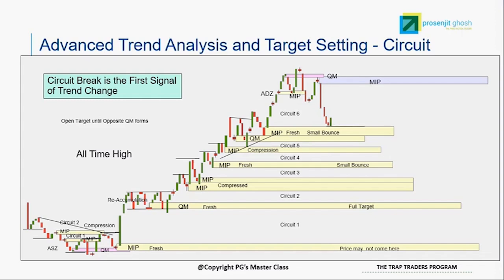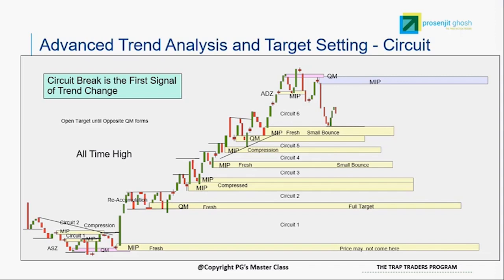Now price coming down, when it came down, it also created a supply QM. As the trend has changed, now price will create supply MIPs and supply QMs. Okay, so a supply MIP has been created, price came down to the fresh MIP.